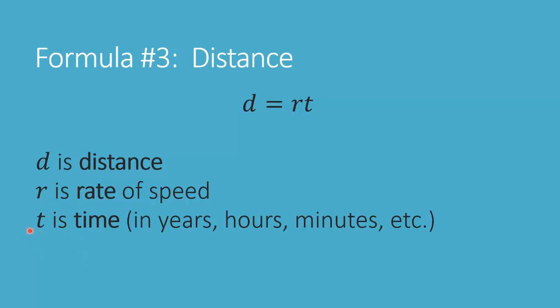Then that means T should be in seconds. Or if they give you time in hours, you need to convert it to seconds so it'll match up. Otherwise, technically you would have distance equals a rate of meters per second times time in hours. You're going to have meter-second-hours, which doesn't help you. That doesn't tell you a distance. You need to convert the T from hours to seconds so they cancel out and you're left with just meters.